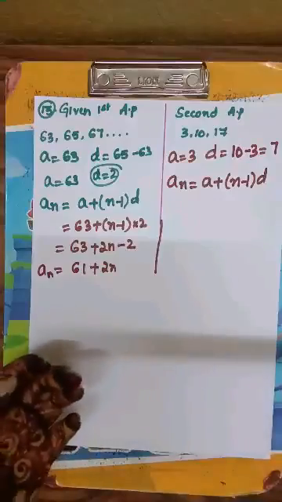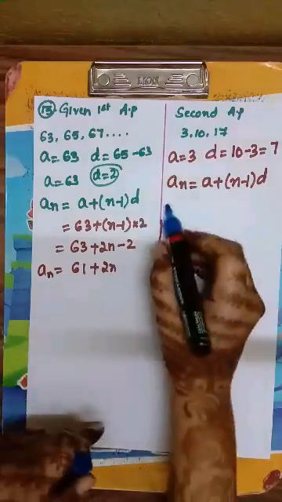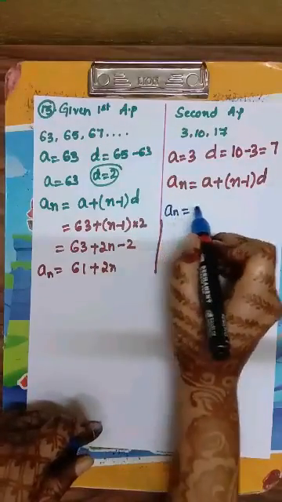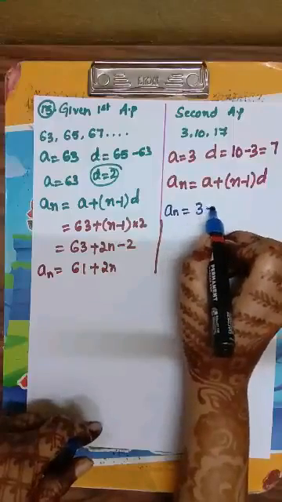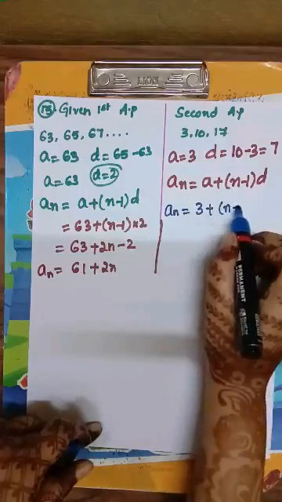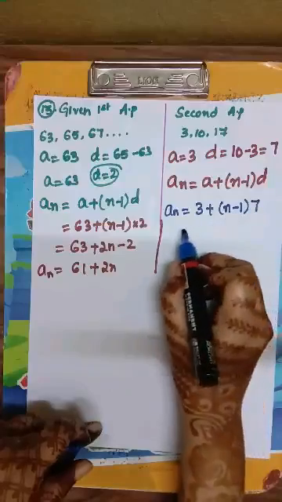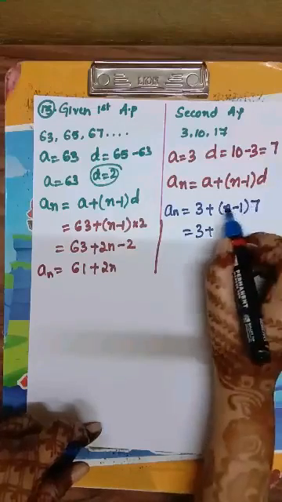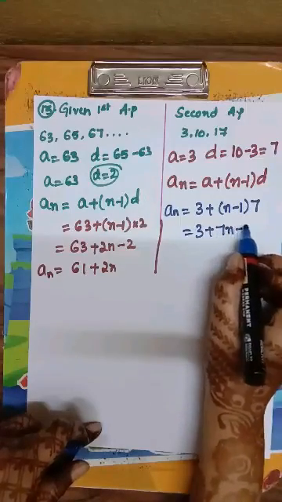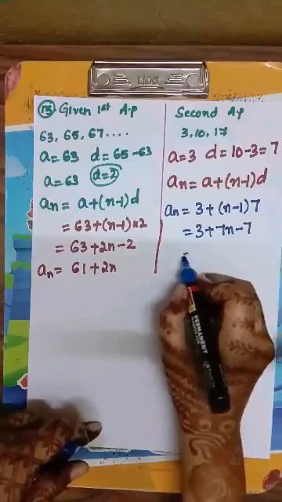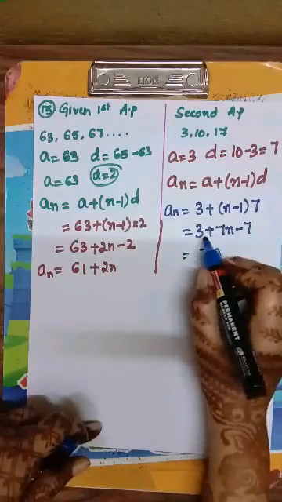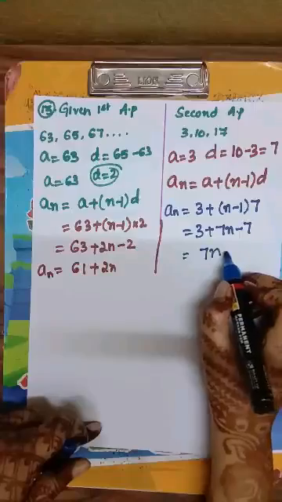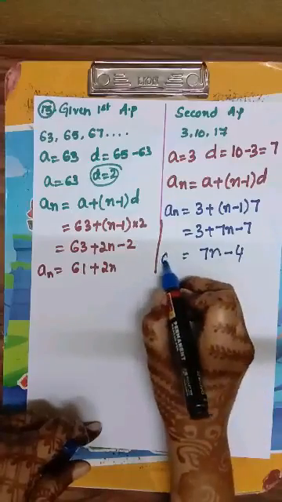Now substitute the values: an is equal to 3 plus n minus 1 into 7, that is 3 plus 7n minus 7. So 7n, and 7 minus 3, how much is left? Since 7 is the bigger number, minus 4.